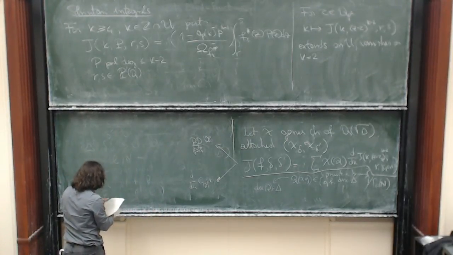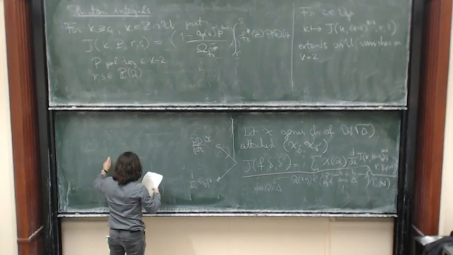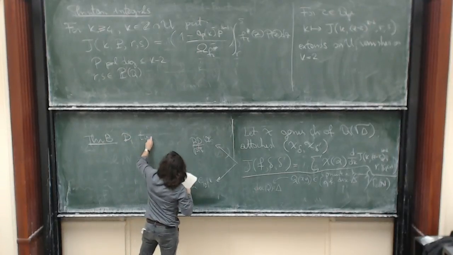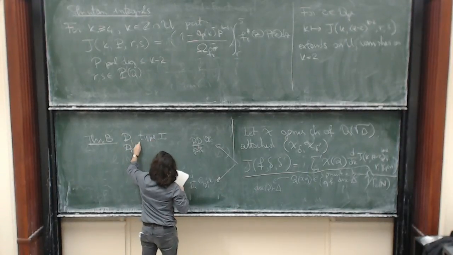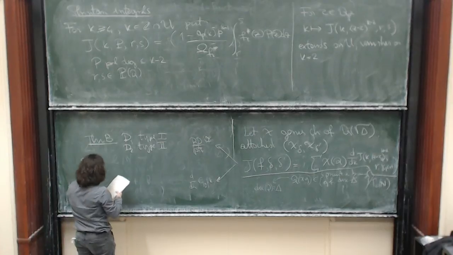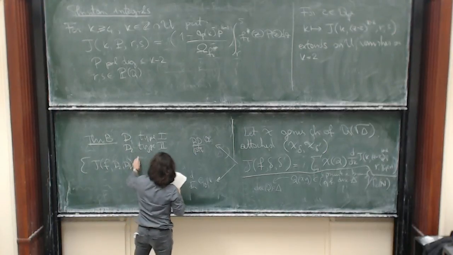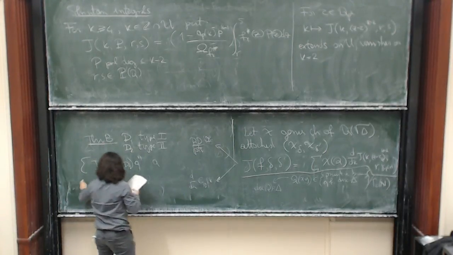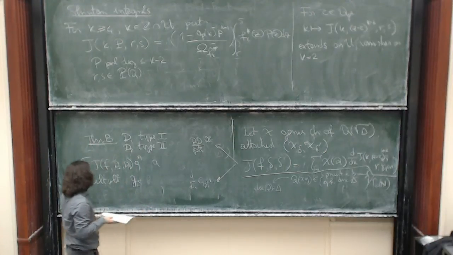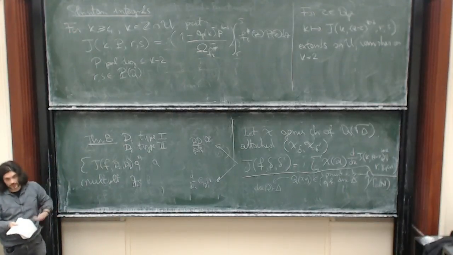And let me conclude with a formula for my theorem B. If D1 is of type 1 and D2 is of type 2, one way to summarize the above result is that this series with these coefficients, D2, D1, Q to the n, is a multiple of the generalized Cohen lift of f, and is non-zero precisely when the special value of the derivative of the L series doesn't vanish.